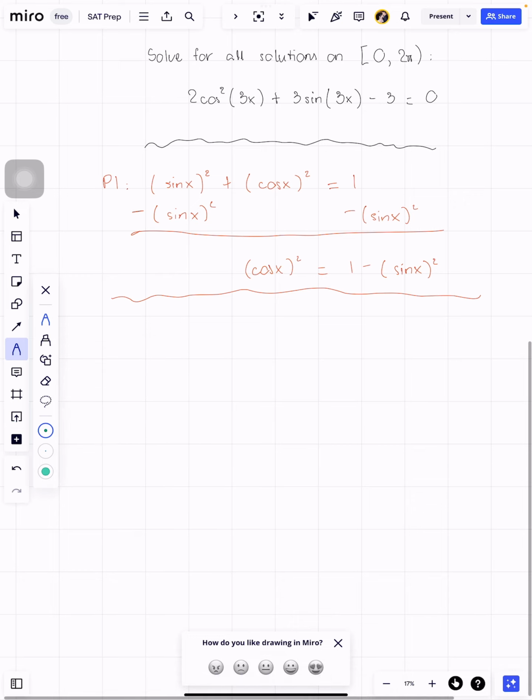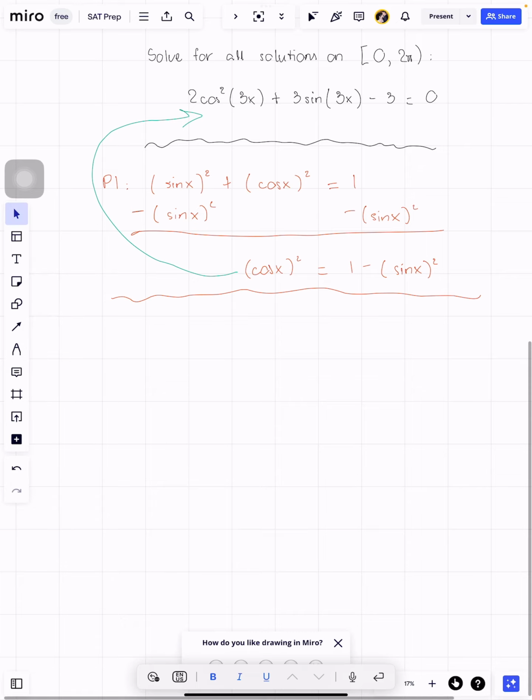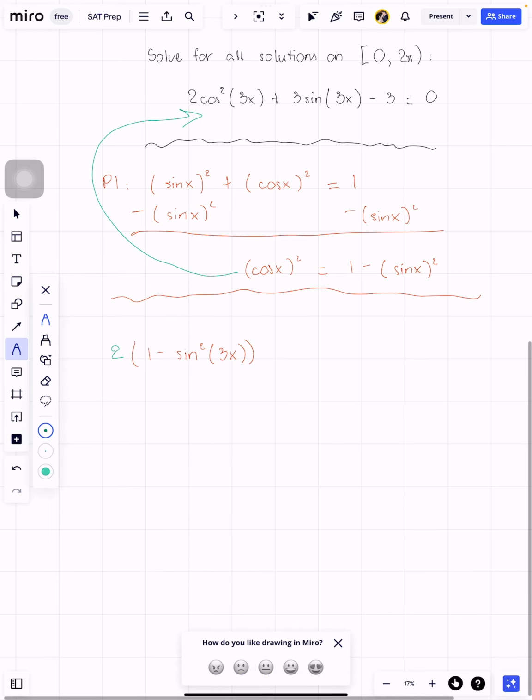Now that we're ready, let's go ahead and plug this back into the original problem. So we're going to do 2, and instead of writing cosine squared, we're going to put it in red here: 1 minus sine squared of the same angle, 3x, that we had from the original problem. And then we're going to copy and paste everything from the original problem down here.